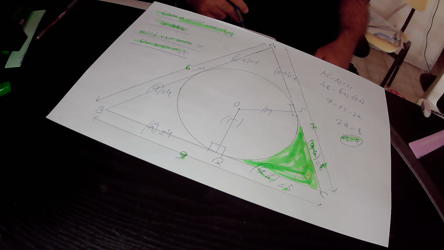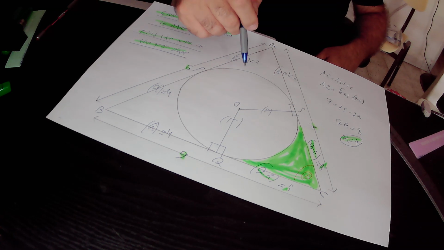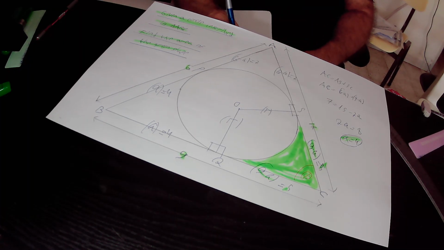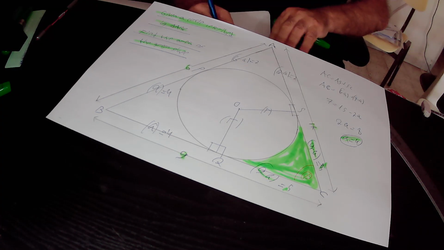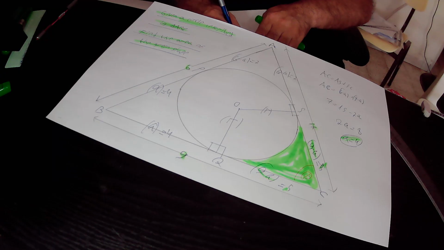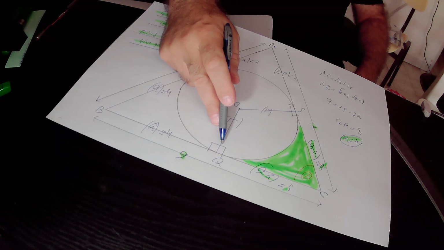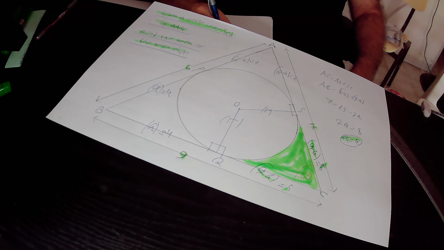So which angles do we have inside quadrilateral OQCS? This is a right angle, equal to 90 degrees.